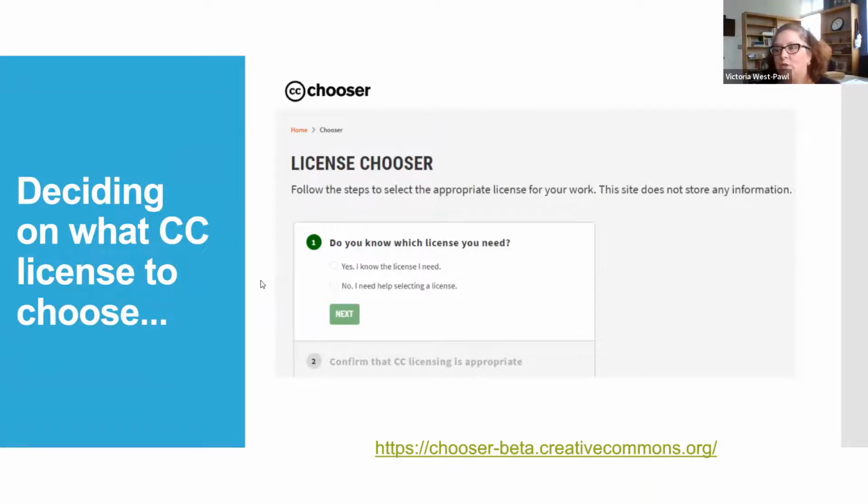What it will do is ask you several questions, and then at the end, it will recommend a specific license that you can use for your material. And like I said, you can just go to that link that's listed on the slide, which Molly will send out later today so that you can look at all of the different URLs and websites that we're going to use in our presentation today.